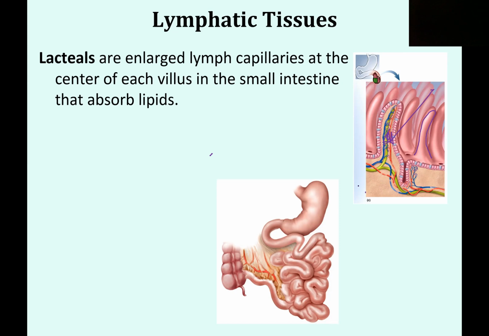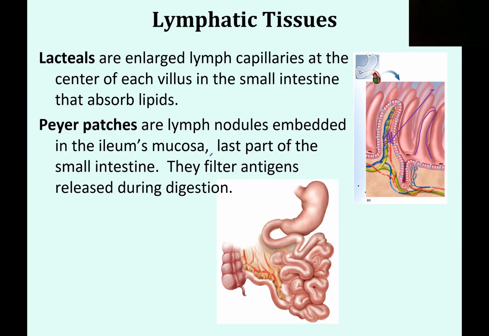The second type of lymphatic tissue are the Peyer's patches. Lymph nodules embedded in the ileum's mucosa. The ileum is the last part of the small intestine.